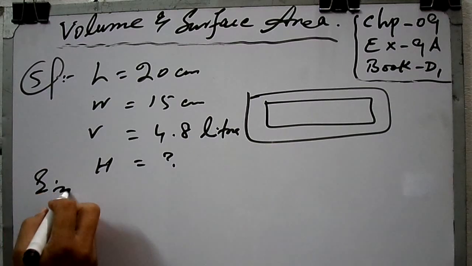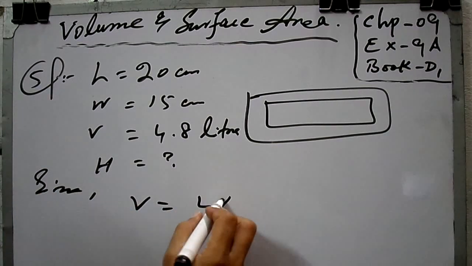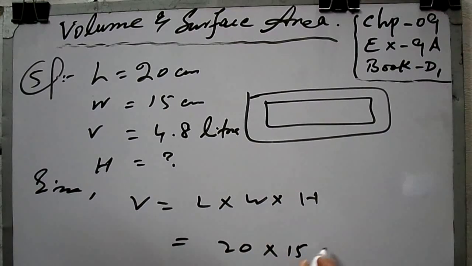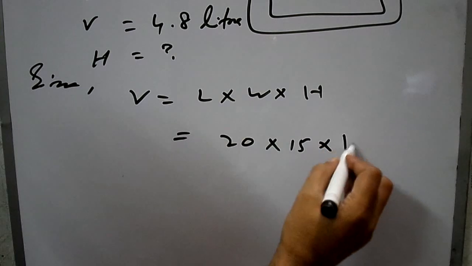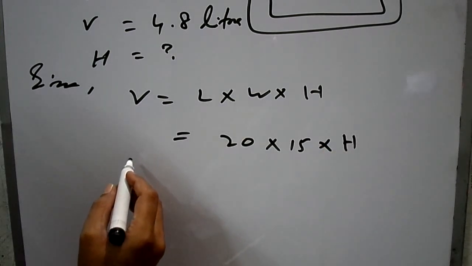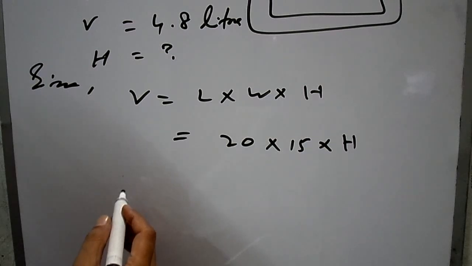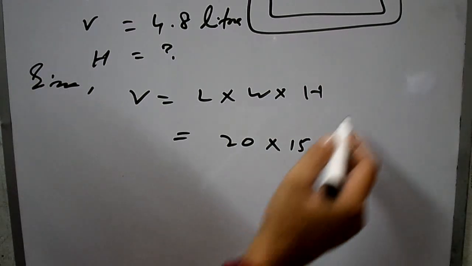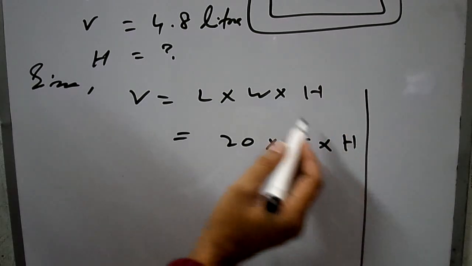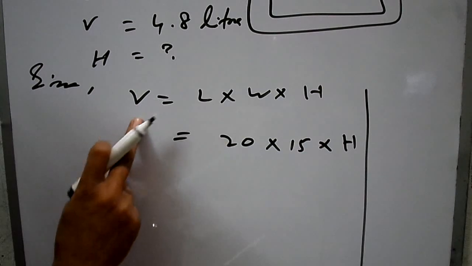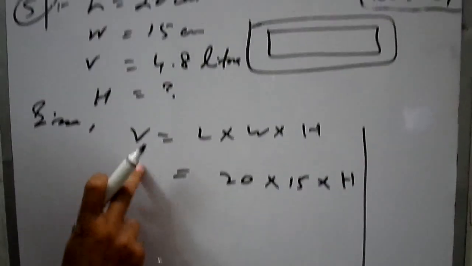Since we have a formula that is volume is equal to length into width into height, so length is 20, width is 15, and we have to find height, while we have been given volume 4.8 liter, but liter should be converted to centimeters, because all the data is in centimeters, how can I put it here in liters?